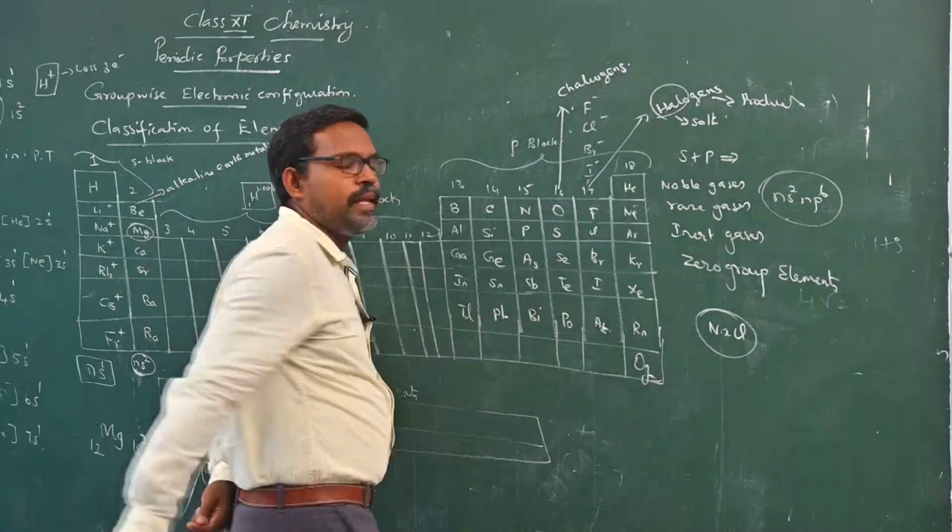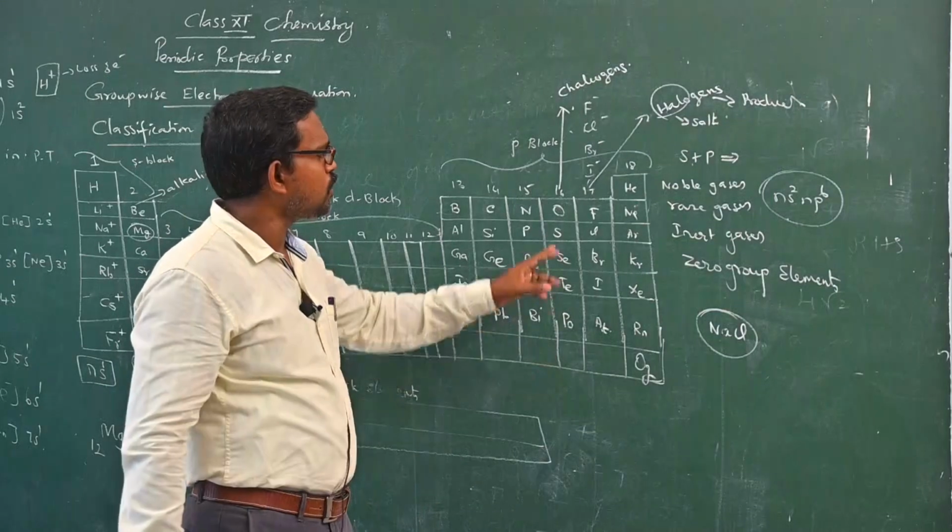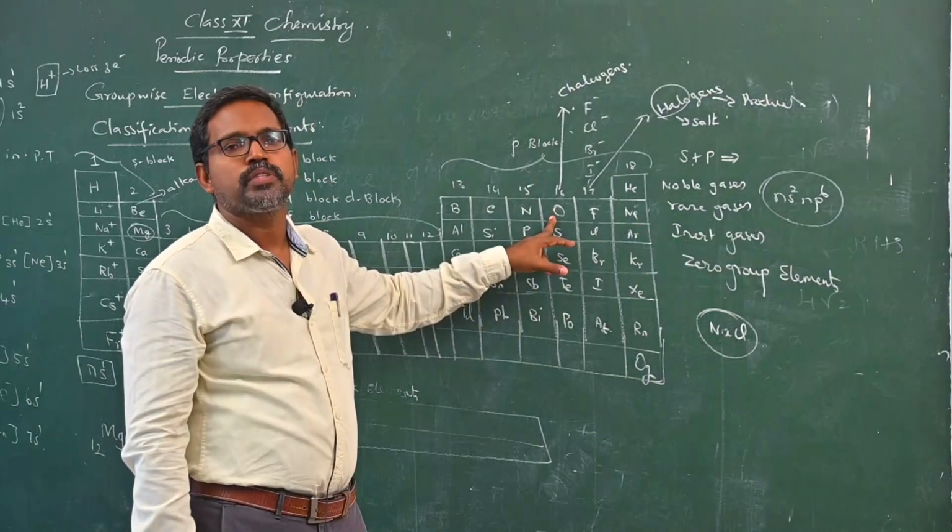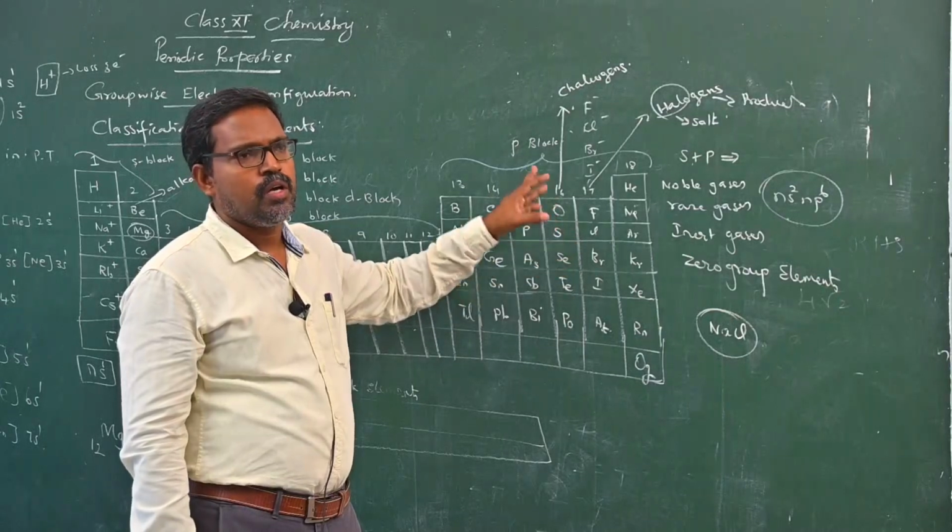Chalcogens. Why are they called chalcogens? Chalcogens means ore producers or metal producers.